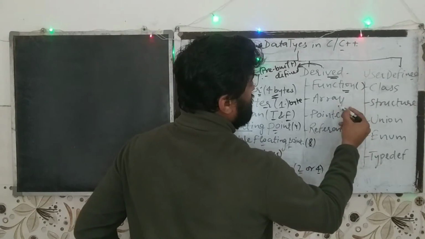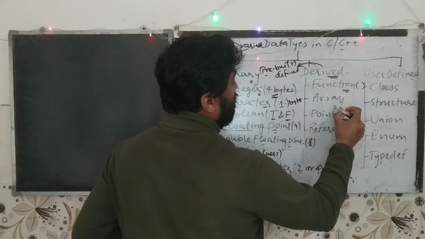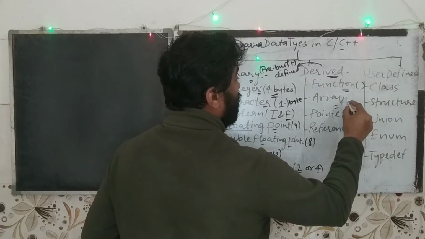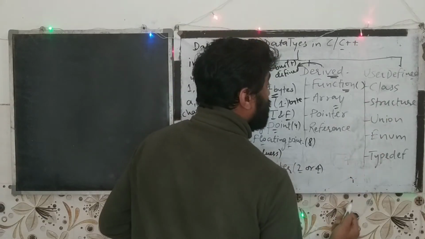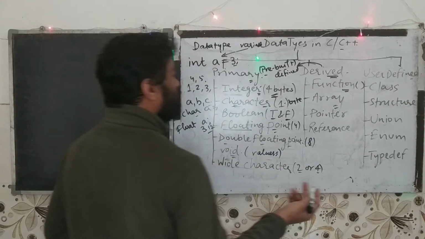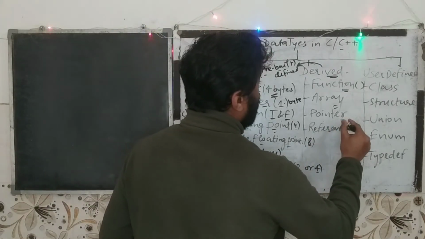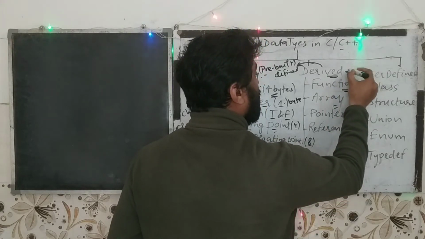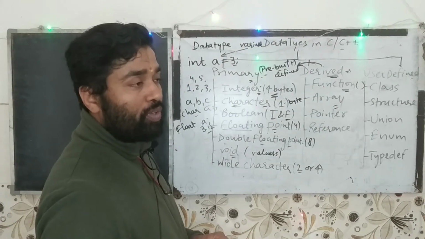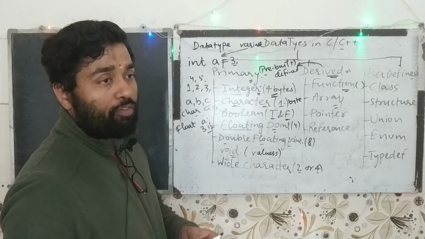Next is array. So how will an array store these types of values? An array will store a homogeneous collection of data type. Homogeneous values the array will store. So if you declare an array, you can store n number of elements which are similar. And pointer, if it is a derived data type, is also a data type which is used to store a value within a memory location.